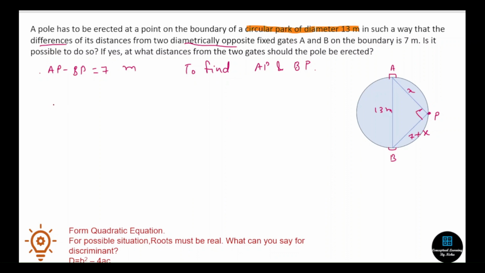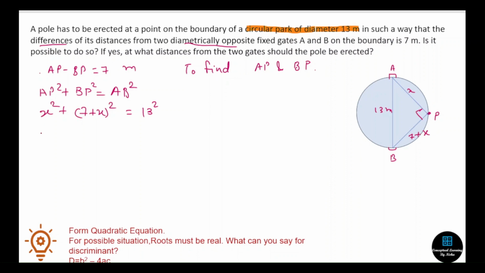Now can we apply the Pythagoras theorem? Yes, we can. So let's apply it. Now what it says, AP square plus BP square is equals to AB square. Now when I put all the values, so x square plus 7 plus x whole square is equals to 13 square.